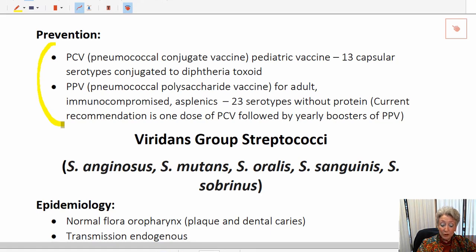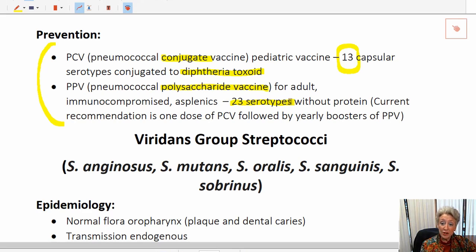You should make sure you understand the strategies here. My conjugate vaccine is the one that is conjugated to a protein, namely the diphtheria toxoid. It protects against only 13 capsular types. The one that is the polysaccharide vaccine with no conjugation has 23 serotypes.